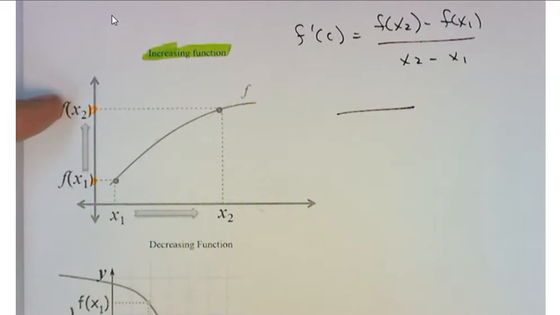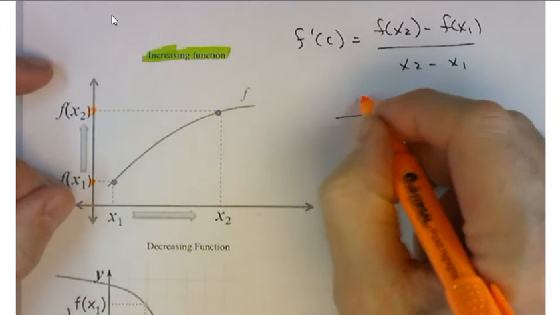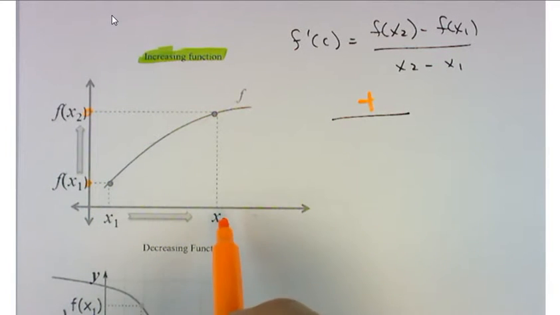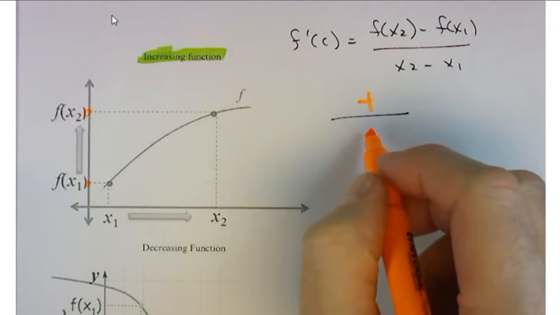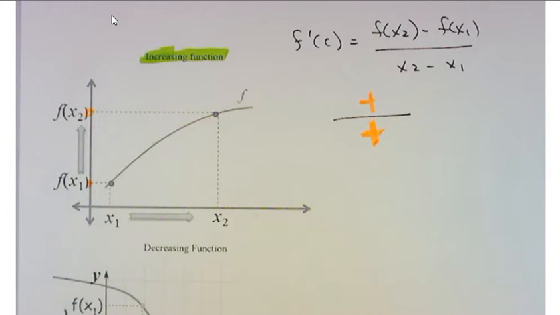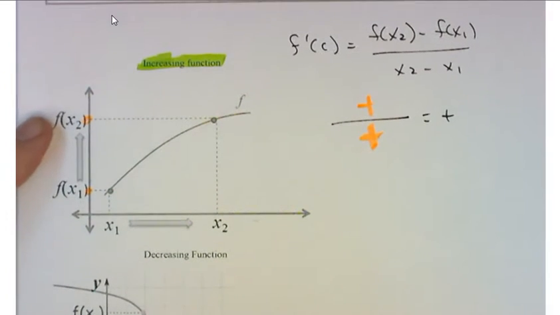So f of x2 minus f of x1, not much we can say about it other than the fact that it's positive. Now likewise in the denominator, x2 minus x1, since x2 is to the right of x1, what's the sign of the denominator going to have to be? Bonus points, positive.